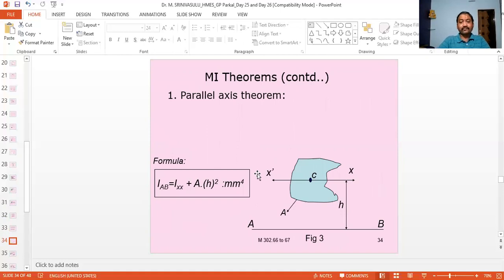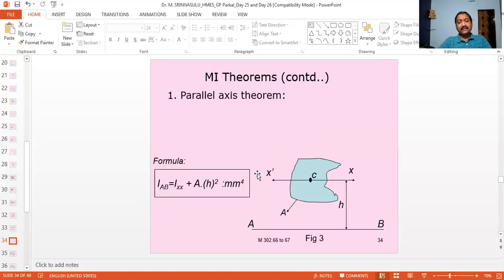Here, for example, some area A is shown in the figure having the centroid at the point C. We know the moment of inertia of this area about the centroidal x-axis, but we want to transfer it to another axis AB, which is parallel to the x-axis.